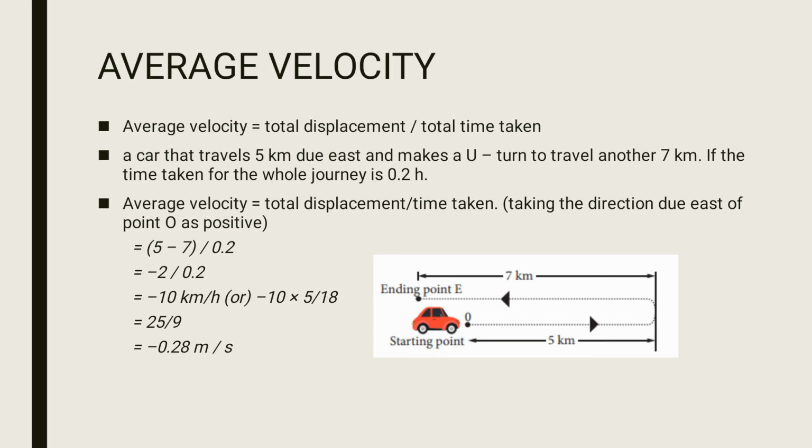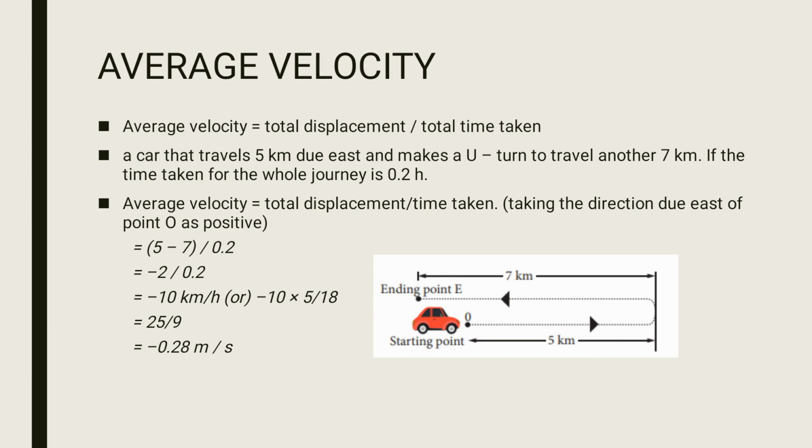So, average velocity is total displacement by total time taken. The total displacement is 5 plus minus 7 and total time is 0.2 hours.